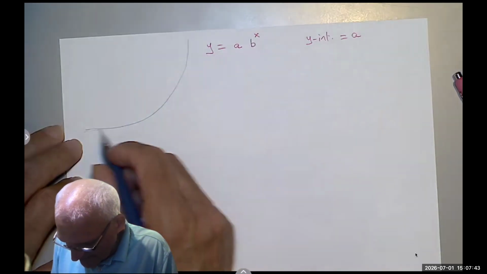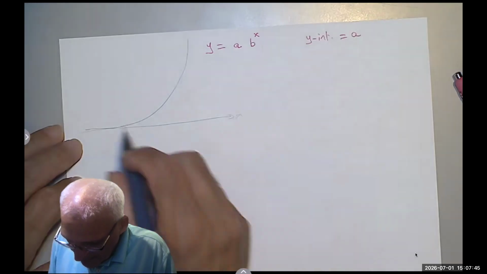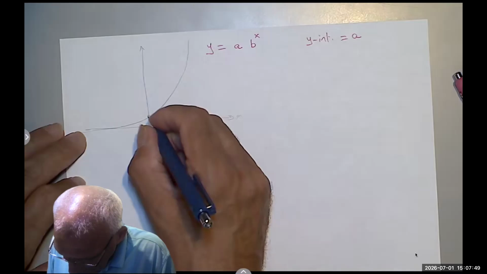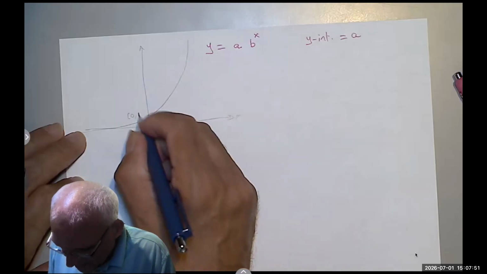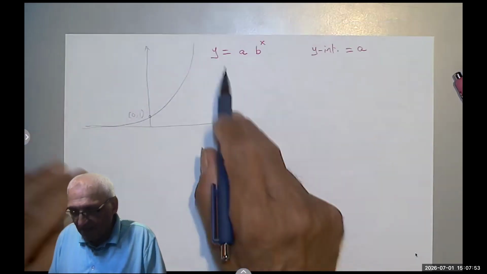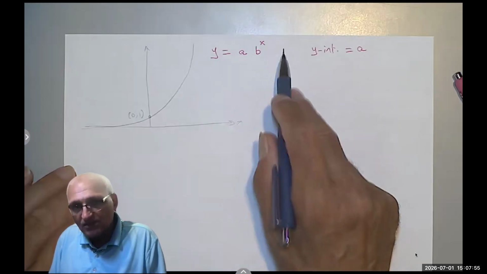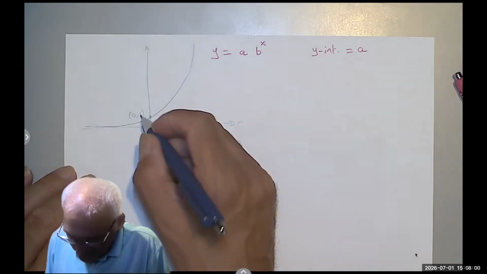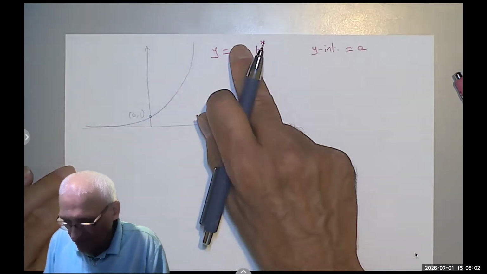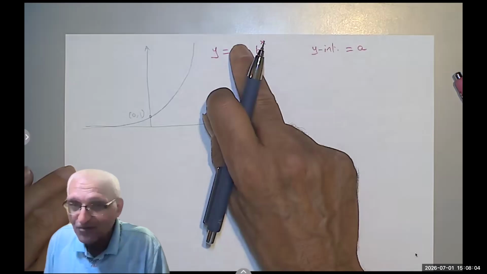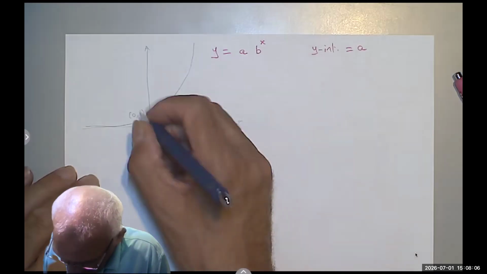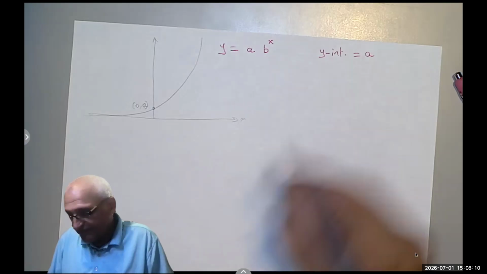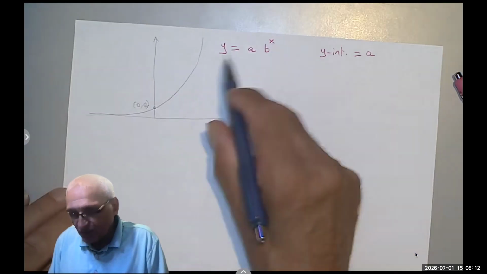If this is the x-axis, and this is the y-axis, this point will always be 0 and 1, as I said, if you don't add or subtract something. In fact, I was drawing it for y equals b to the x. So this should be 0 and a. If x is 0, you get y is a.